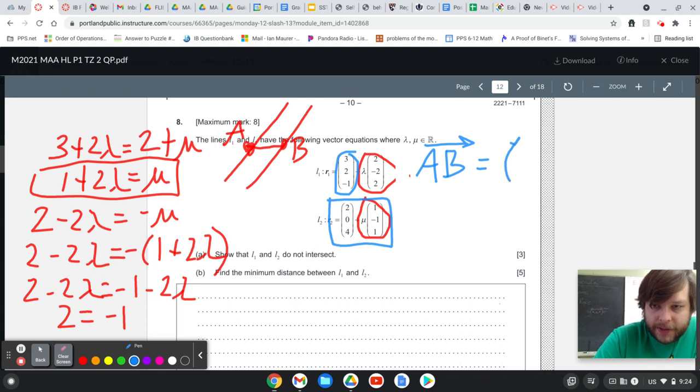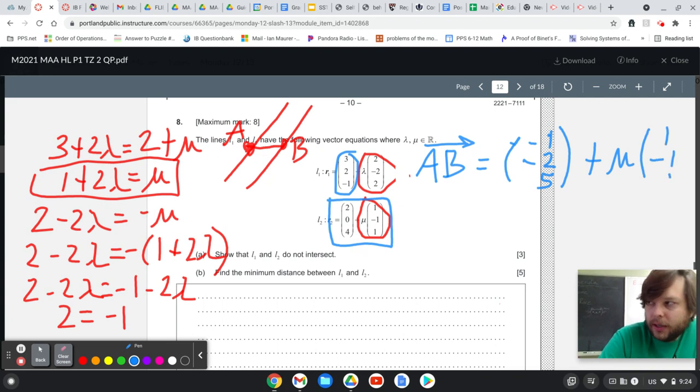That the x value decreased by 1, 3 down to 2. The y value decreased by 2. The z value increased by 5 from -1 up to 4. And I also have the mu value that's walking 1, -1, and 1 right there. So that's my vector AB.